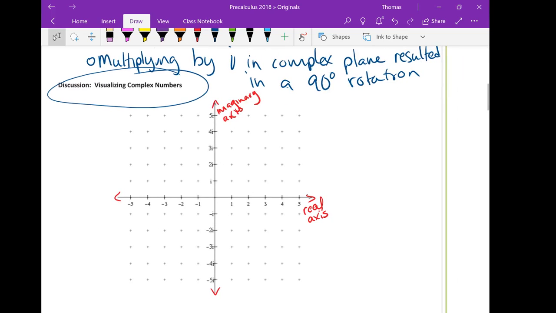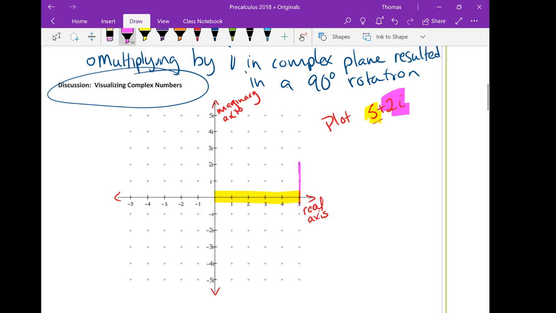So for example, say we're asked to plot the complex number 5 plus 2i. If I'm going to go plot that, it has a real part of 5. So I'm going to highlight that in yellow. Real part of 5. I'm going to go over to 5 on my real axis, and it has an imaginary part of 2i. So on my imaginary axis, I'm going to go up to 2i.